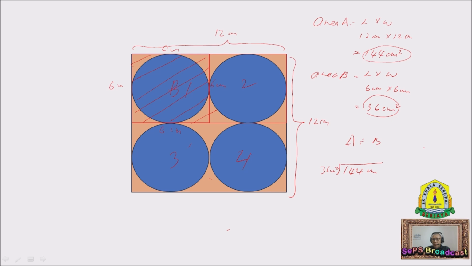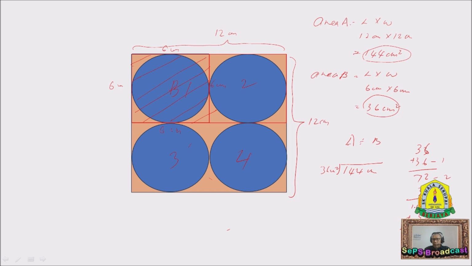Okay, so let us list down our 36 times tables. 36 plus 36 is equal to 72. This one is 1 time, this one is 2 times. 72 plus 36 is 108. This one is 3 times. Okay, 8 plus 6 is 14, carry forward 1, and then 1.